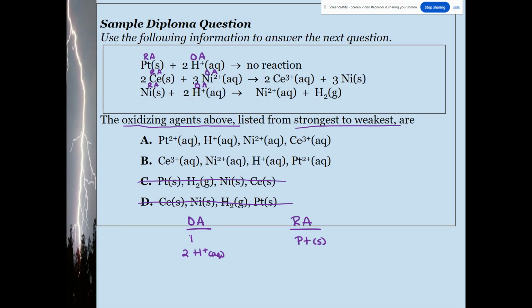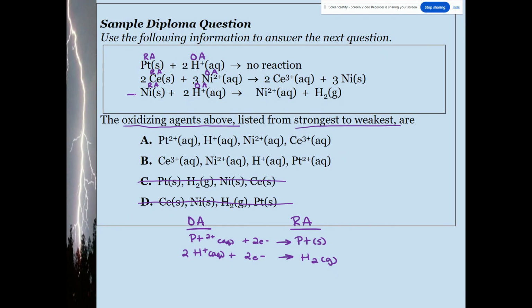So if I finish Pt's reaction, Pt would be gaining 2 electrons to make Pt solid. Hydrogen also gains 2 electrons to make H2 gas, okay? Next, we have nickel and Ce. Neither of those are on there, so I can't look at those yet.